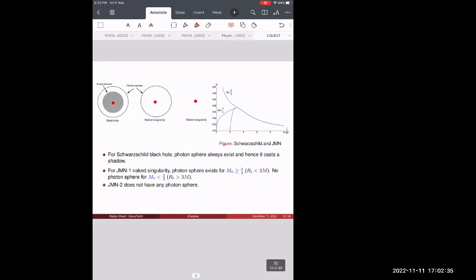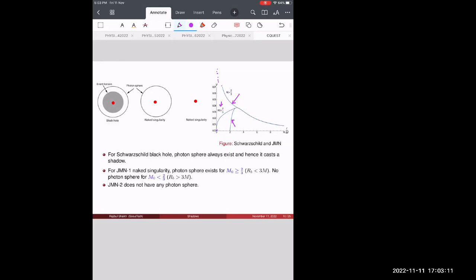Now, if we plot the effective potential for photon motion in this JMN space-time, the plot looks like this. If M naught is less than 2/3, then the effective potential diverges at the singularity, and if M naught is greater than 2/3, then the effective potential goes to 0 at the singularity.